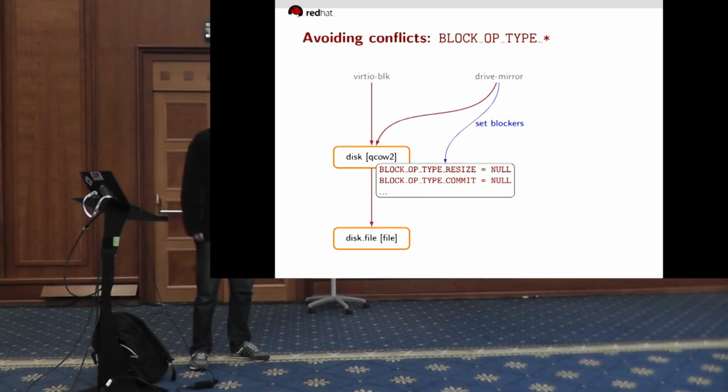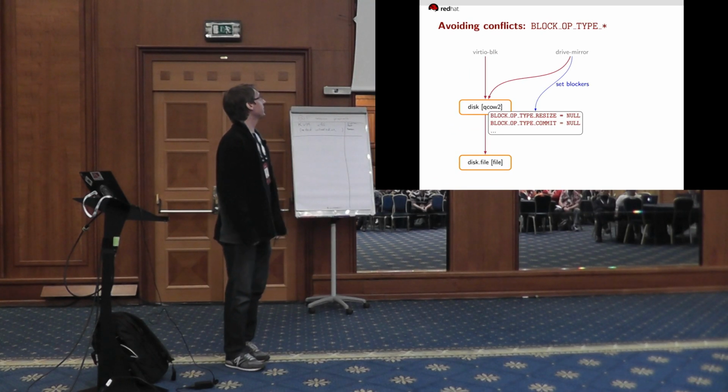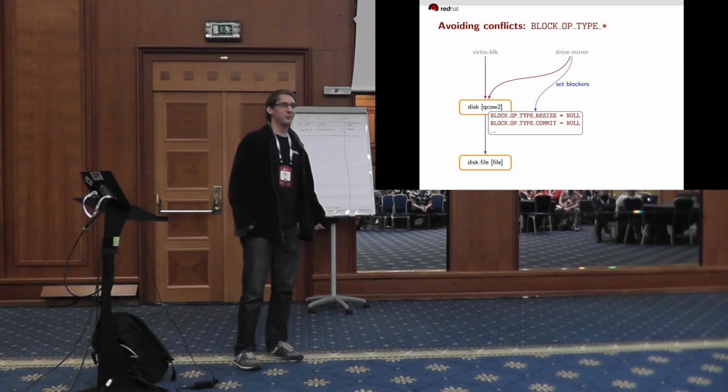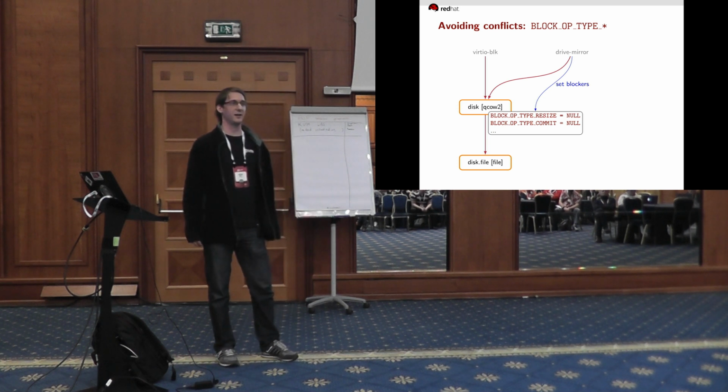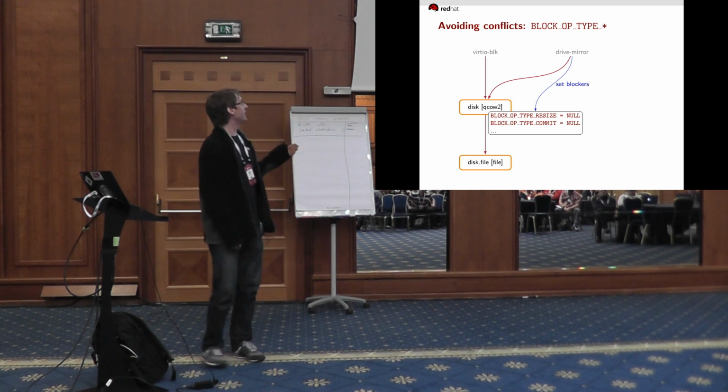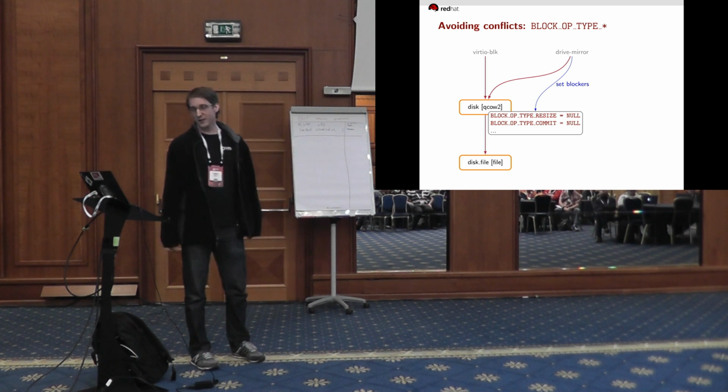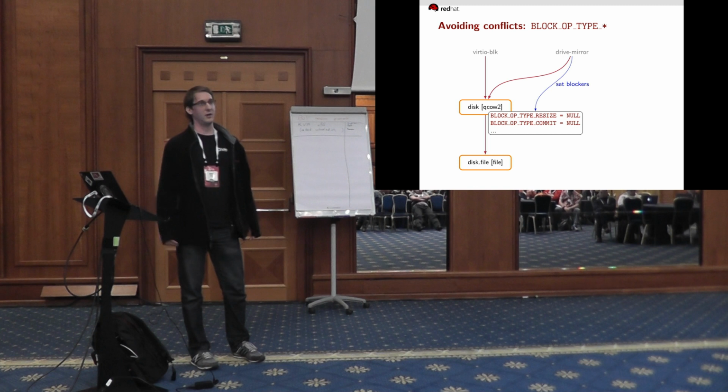So when the mirror block job starts, and it wants to protect against resizing because it just relies on the initial value, it stores it internally, and it can't handle a resize of the disk. Then it can just set the resize blocker, but leave, for example, the commit blocker unset.